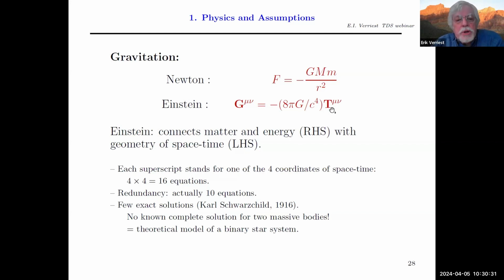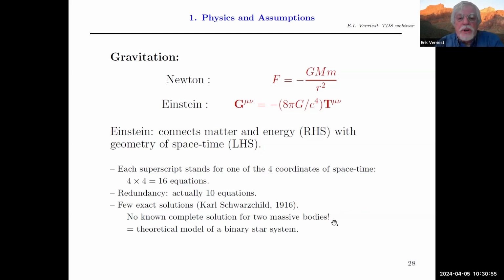Now, it's somewhat redundant because of the symmetry. And so if we take away the symmetry, we only have to deal with 10 nonlinear coupled PDEs, which is still horrendous, and few exact solutions are known. One exact solution is the Schwarzschild solution, obtained by Schwarzschild in 1916.